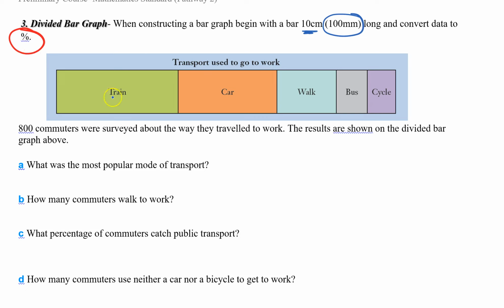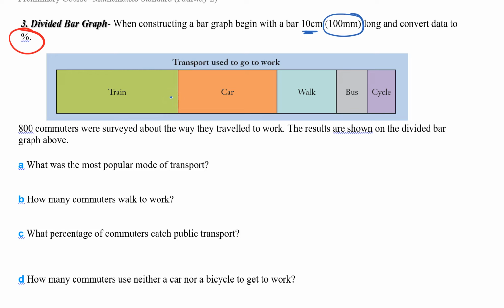If you can then break up your data into percentages, if we can work out what percentage, for example, this bar graph's about transport used to go to work. If we can work out what percentage of the people who were surveyed catch the train, then we can convert our percentage straight to millimetres and measure off.